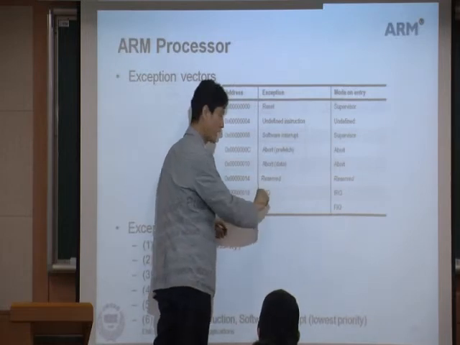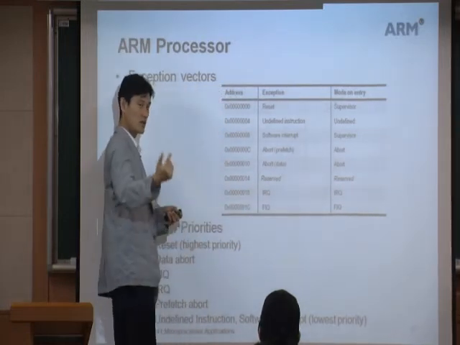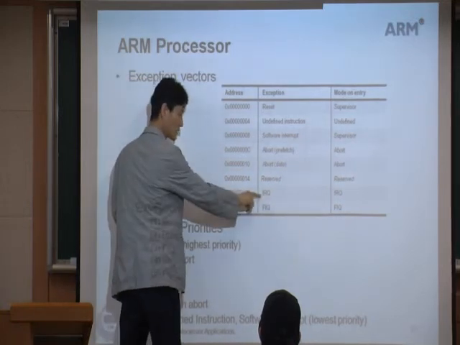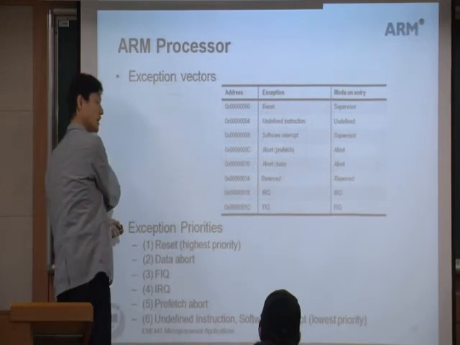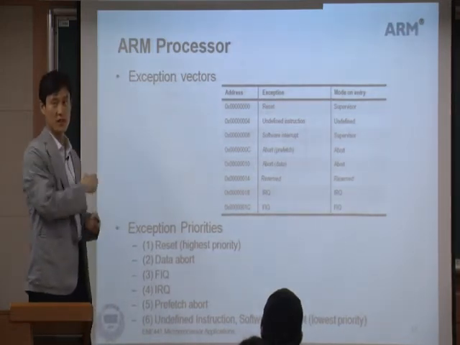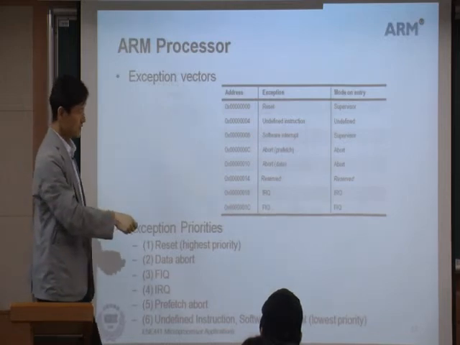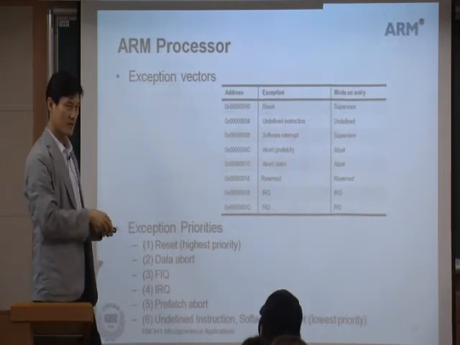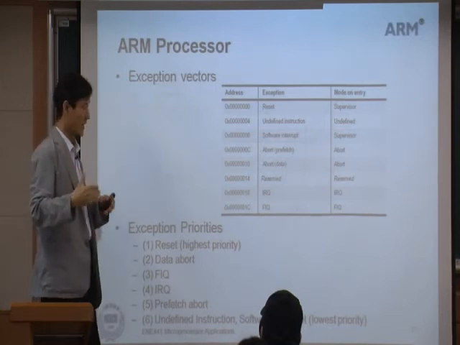So when you get an interrupt, you jump to the interrupt vector, and the instruction there is again a jump, so you jump again to the interrupt service routine. That's what happens regularly.